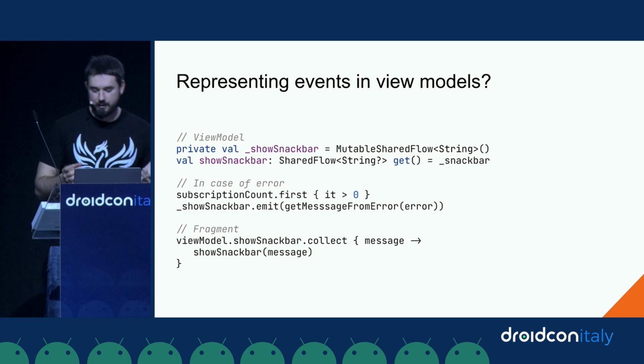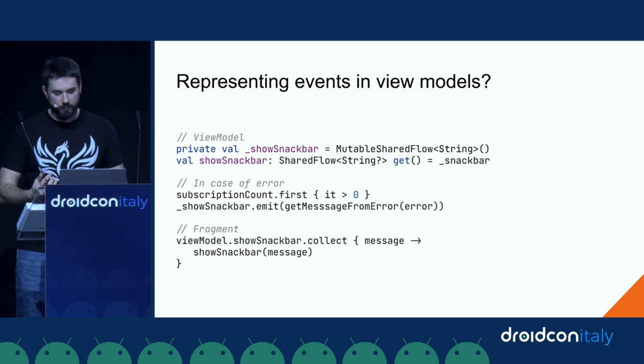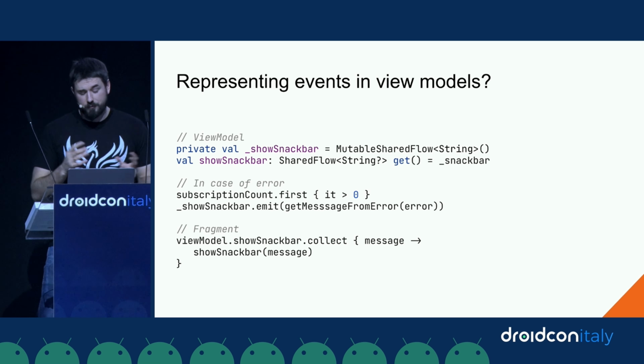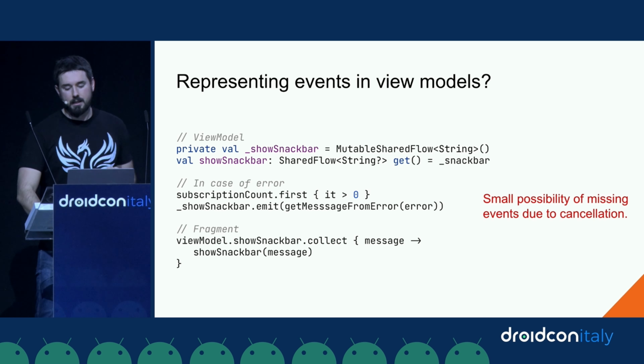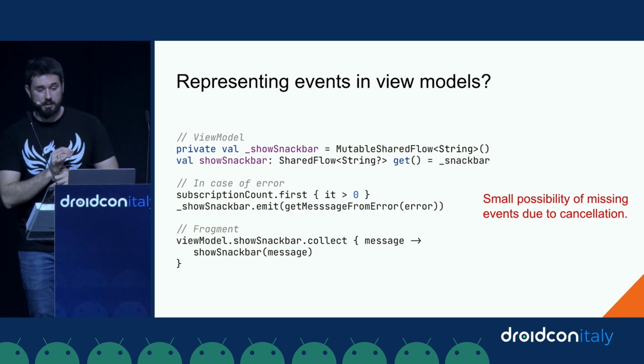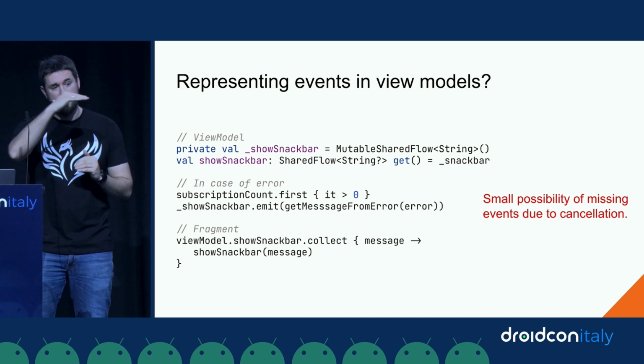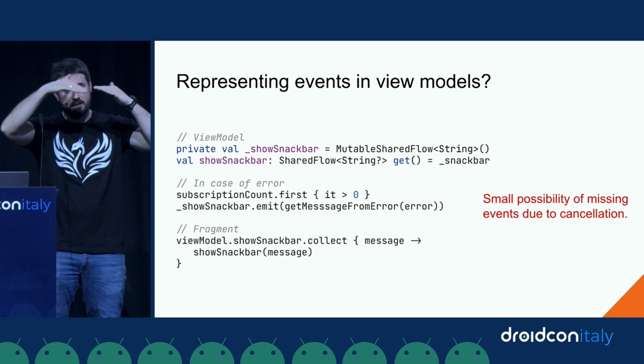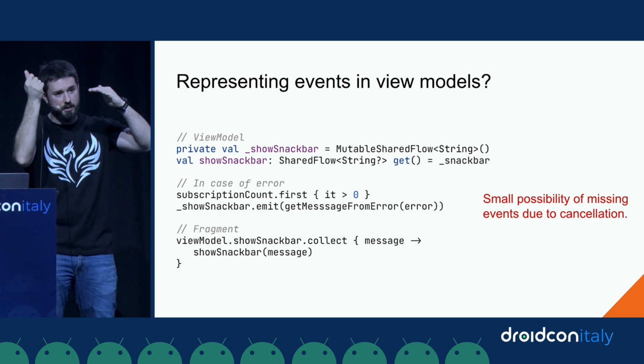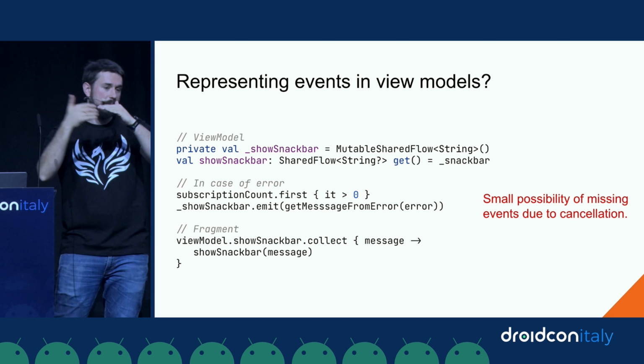It is kind of fixing the problem of a shared flow, but not entirely, because there is a small possibility that the element will be lost because of cancellation. If it got received but never handled, and this is where cancellation happens, it's possible it will never be really handled.